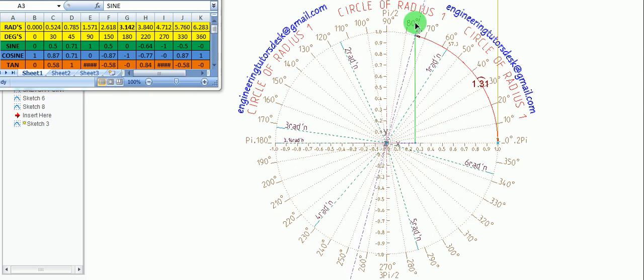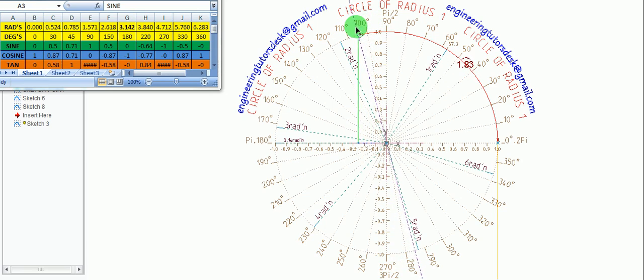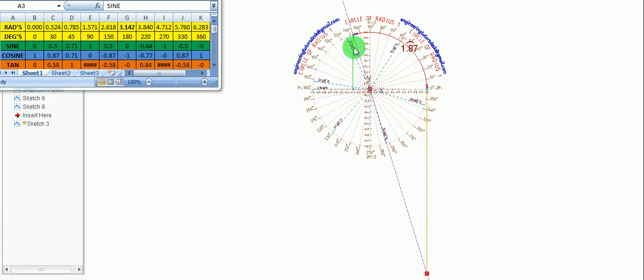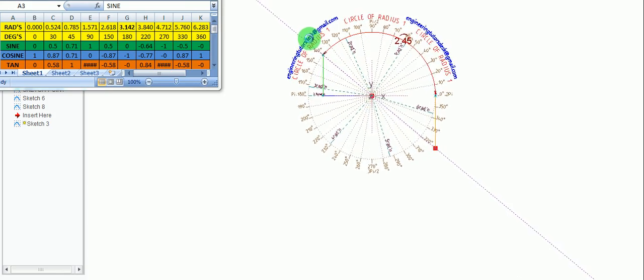When we cross 90 degrees, the only possible intersection will happen at quadrant 4. As we go on increasing the angle, the height of the tan will go on reducing.